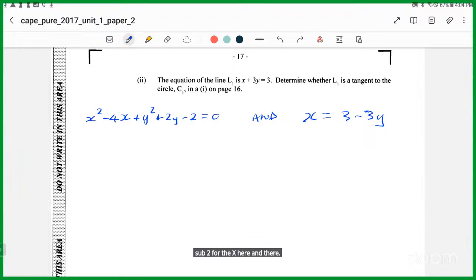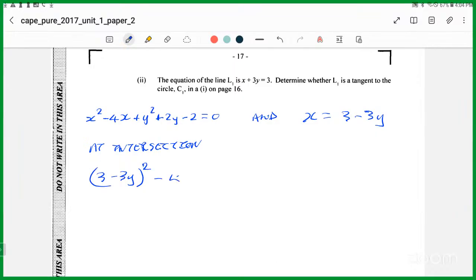Alright? So at the intersection, this x becomes (3 minus 3y) squared minus 4 times (3 minus 3y) plus y squared plus 2y minus 2 equals 0.